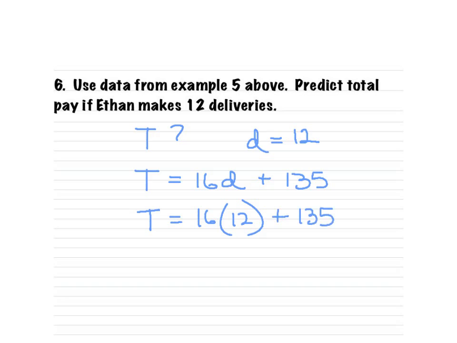All right, let's solve this. 16 times 12 is 192 plus his base salary of 135. So for that week where he makes 12 deliveries, his total salary is $327.